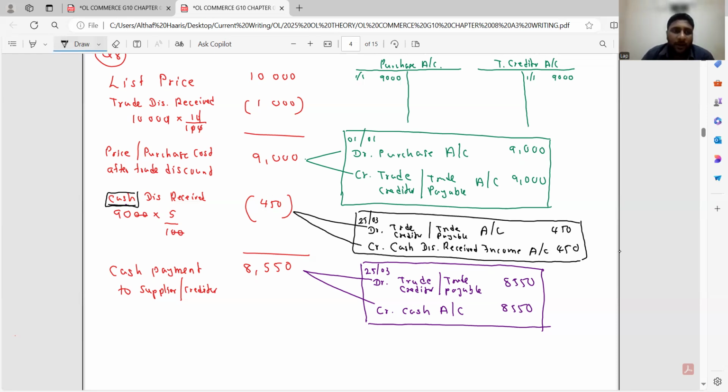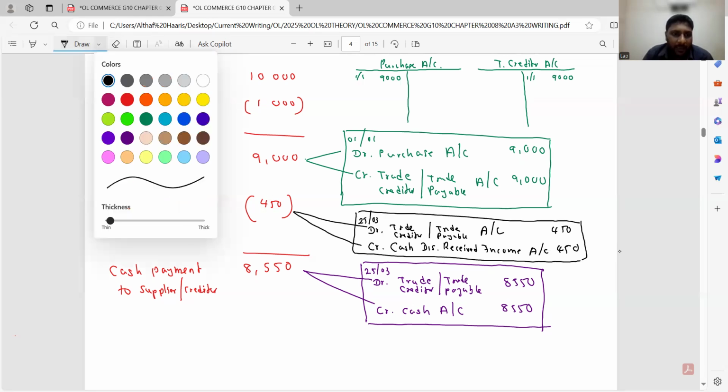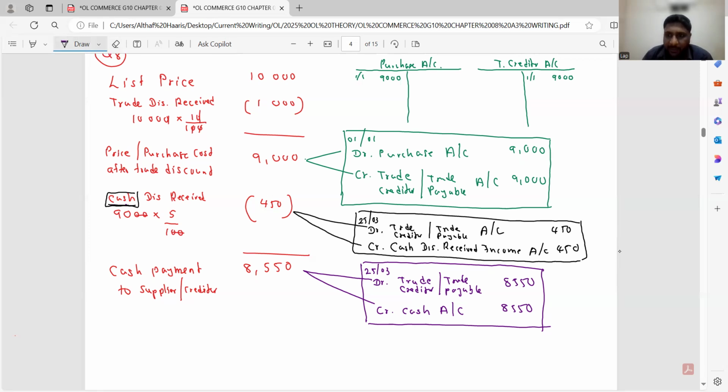Now let me record the purple one in the journal. So debit 8,550, 25th March. And here I'll draw the cash account. 8,550, 25th March.